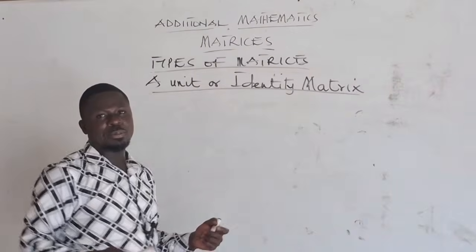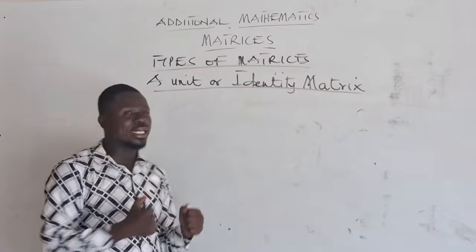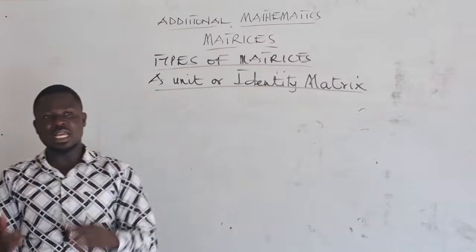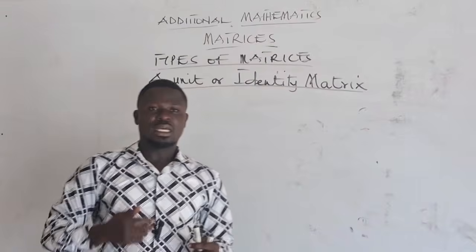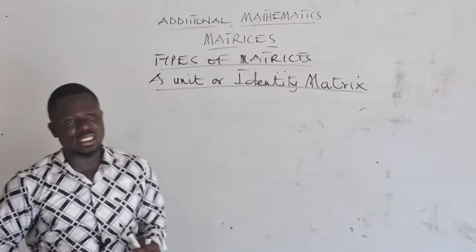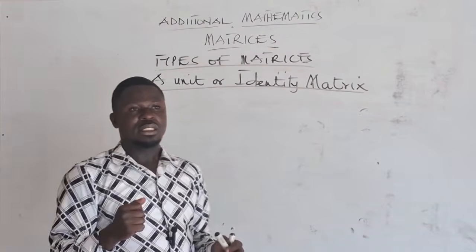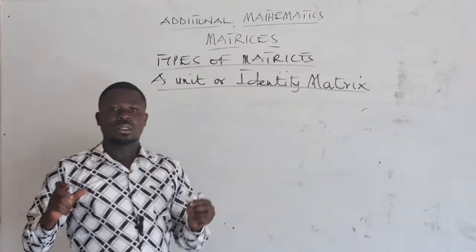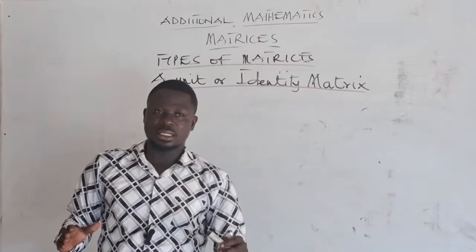The last type that we are going to look at is a unit or identity matrix. When we say a unit or an identity matrix, what does it mean? A unit or identity matrix is a type of matrix that has the leading diagonal having all its elements to be 1.